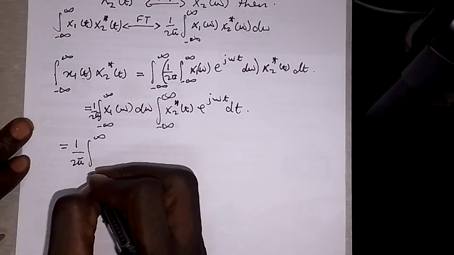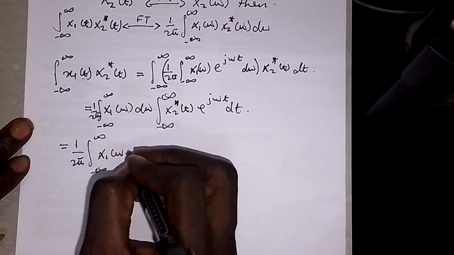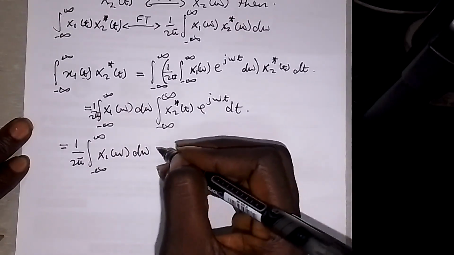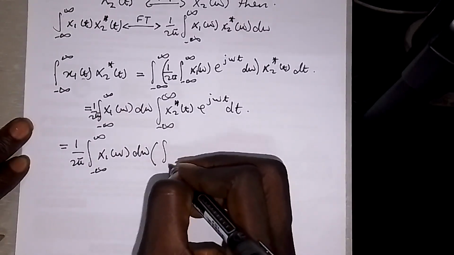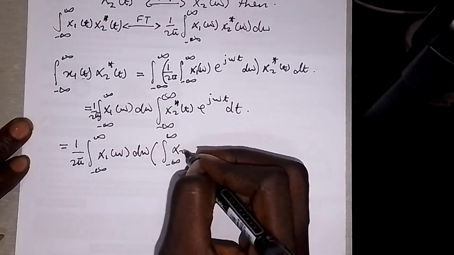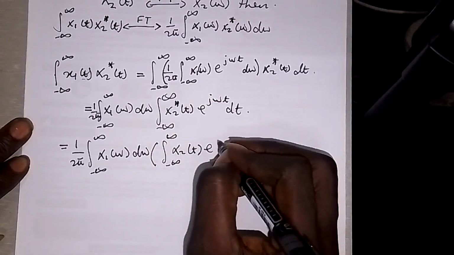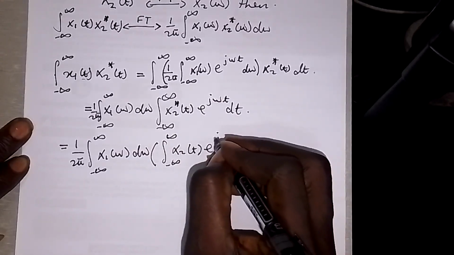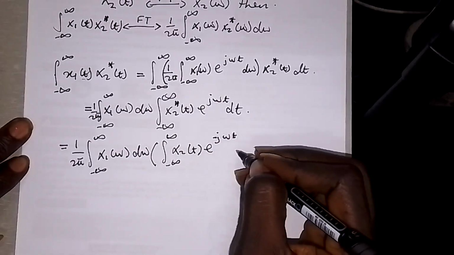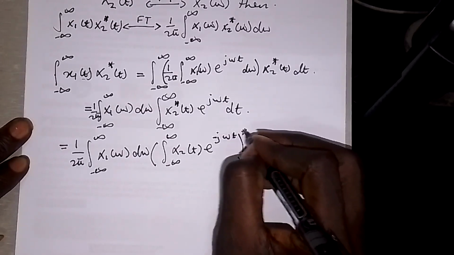So x1 of omega, d omega, into this particular format, the integral from minus infinity of x2 of t into e to the minus j omega t, and then I'll bring the bracket here, and then I'll bring the complex conjugate here.